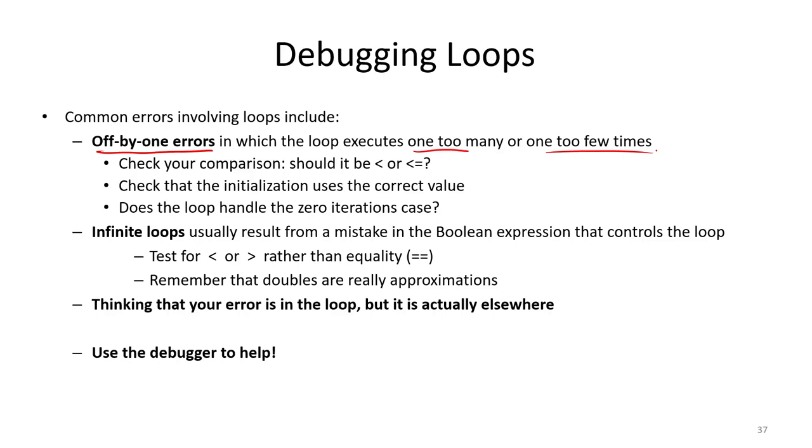If you see an off by one error, double check if you have any Boolean comparisons. Maybe you missed a less than or a less than or equal to. Check that you initialized your loop to start at the correct value. Are you properly initializing your counting variables and any other variables in that loop? Also, make sure your loop can handle the case where it doesn't run at all or has 0 iterations.